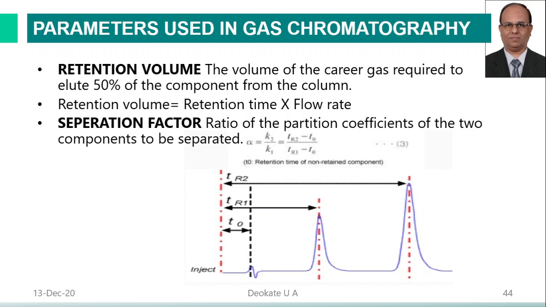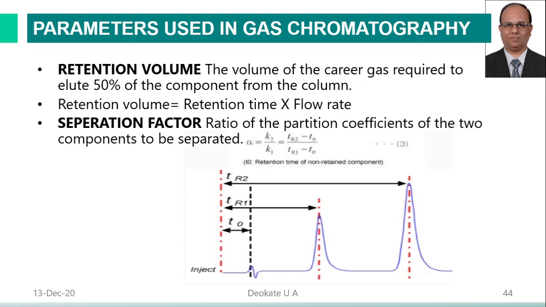Then the separation factor, the ratio of the partition coefficients of the two components to be separated. How much substance is in your solute and how much is in your stationary phase is taken as the separation factor, which will decide the efficiency of your column.